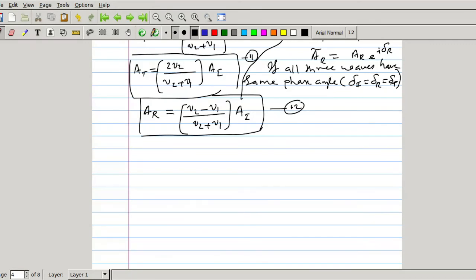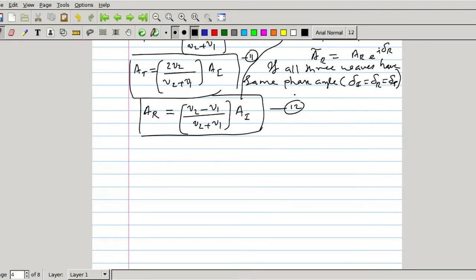So equations 11 and 12 represent the amplitude of reflected and transmitted wave in terms of the amplitude of incident wave.